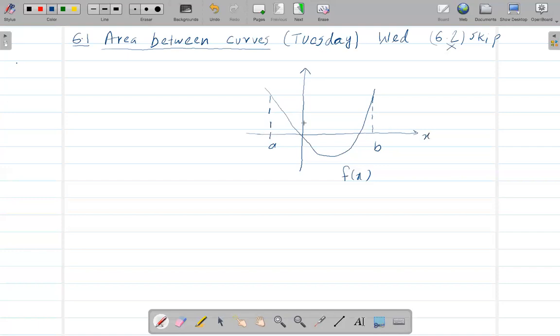Everything above the x-axis is going to be positive area, and everything below the x-axis is going to be negative area. We learned this last week.